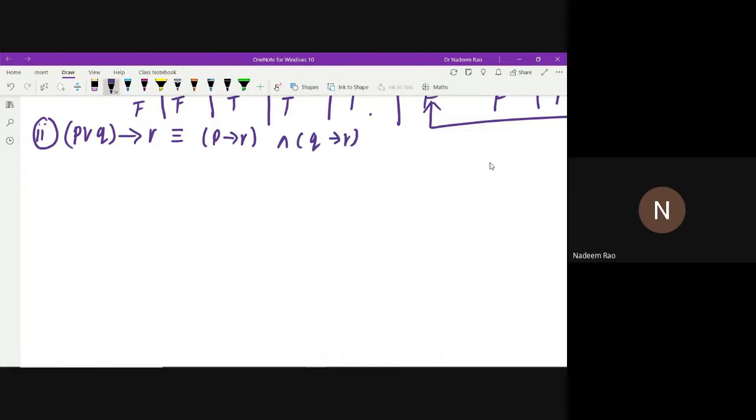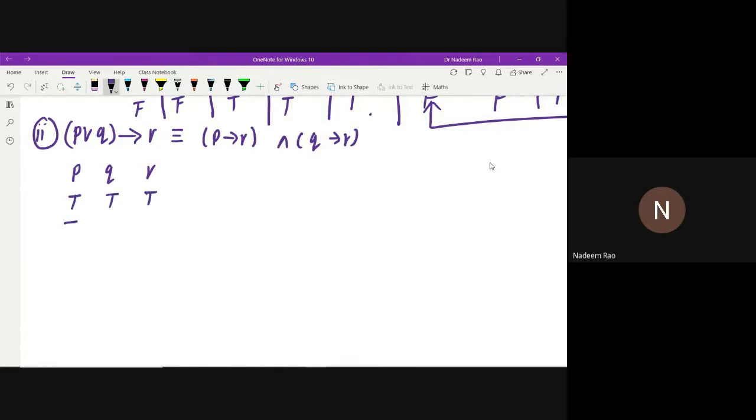It's quite simple. Here we have three propositions, P, Q, R. Then the combinations of true and false will be around 8. The first case may be true, true, true.